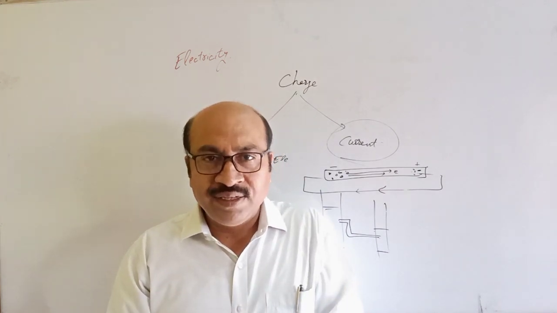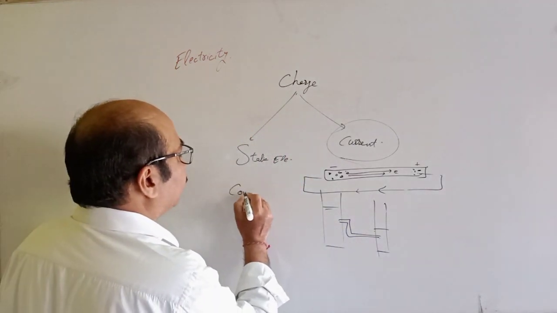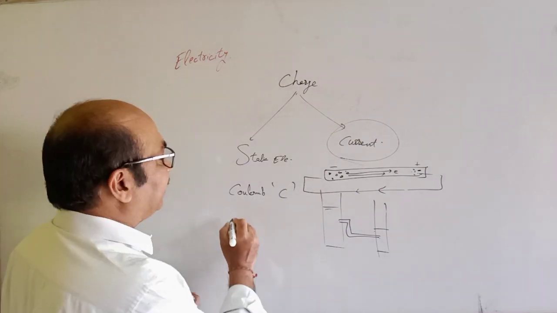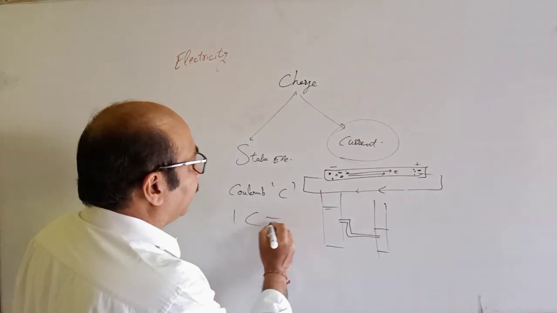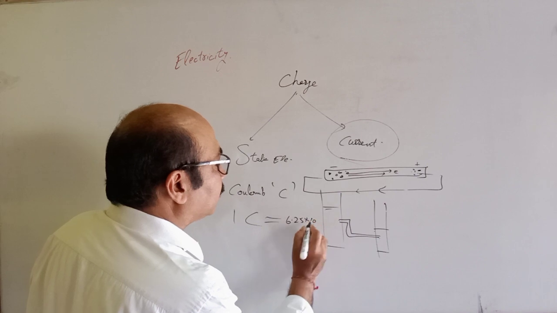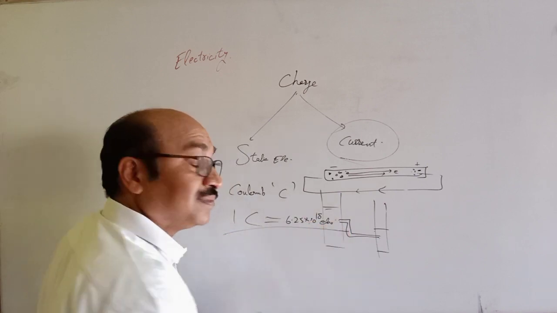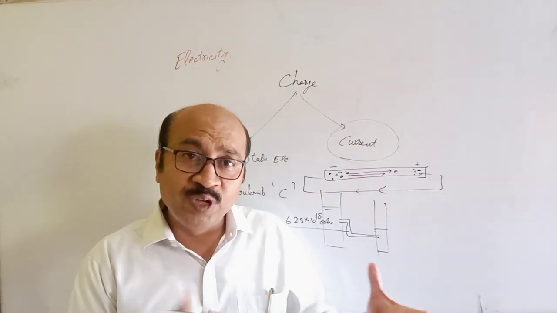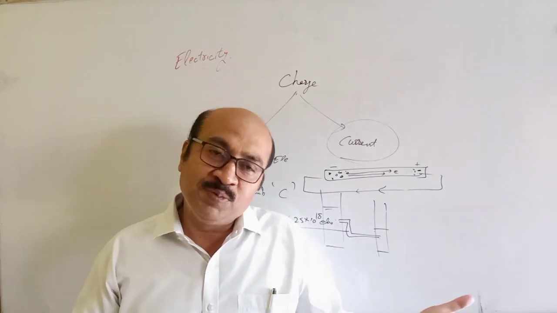Charge has an SI unit of coulomb, usually denoted by C. If I say there is a unit of charge, that's 1 coulomb, that is equal to 6.25 into 10 to the power 18 electrons. In a conductor, 6.25 into 10 to the power 18 electrons are moving. You can't say that so many electrons are moving. You will simply say that 1 coulomb of charge is moving.